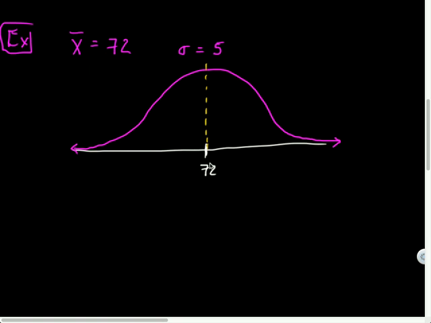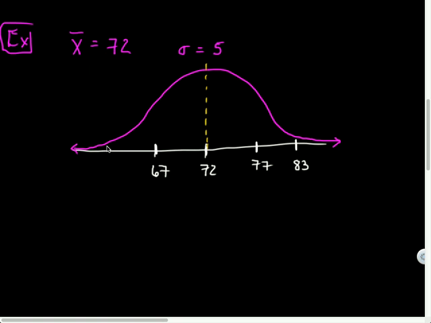Well, what is 1 standard deviation above the mean? 77. And 2 standard deviations? 82, right? And 1 standard deviation below the mean? Is 68. I lied, 67.